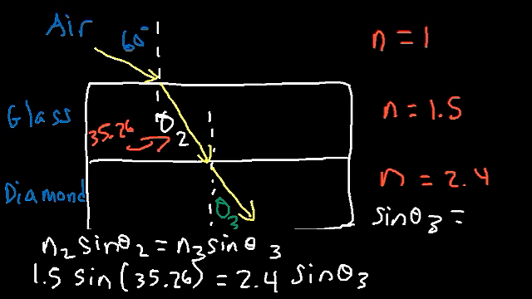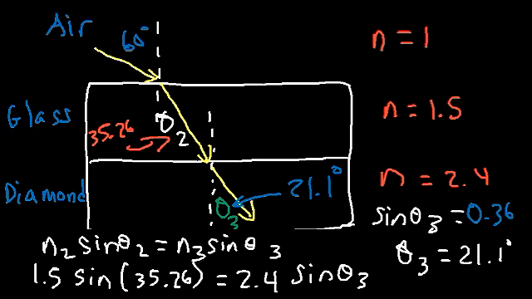And so this is equal to 0.36. And the inverse sine of that answer is 21.1 degrees. So that's the value of theta 3.